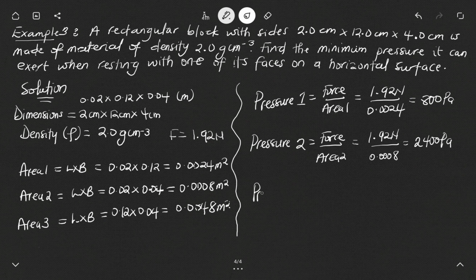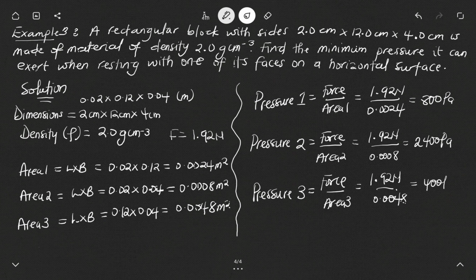Now let's calculate pressure 3. It will be force on area 3, and that will be equal to 1.92 newtons on 0.0048, and that is equal to 400 Pascal if we punch that into our calculator.